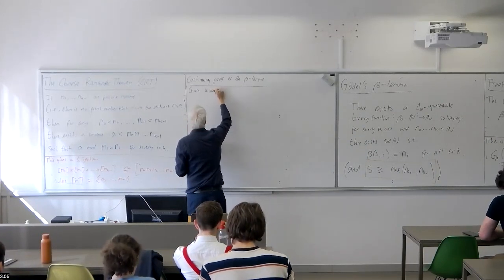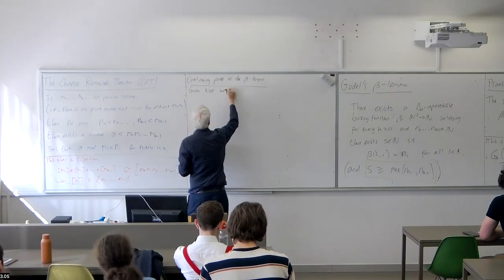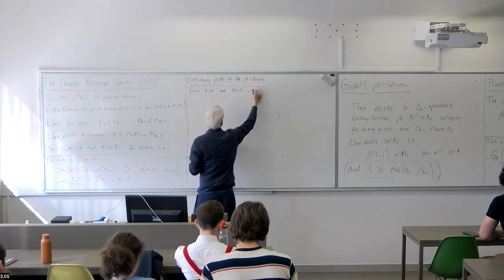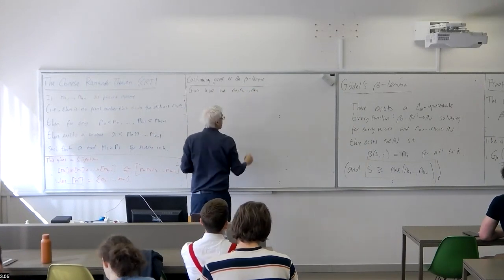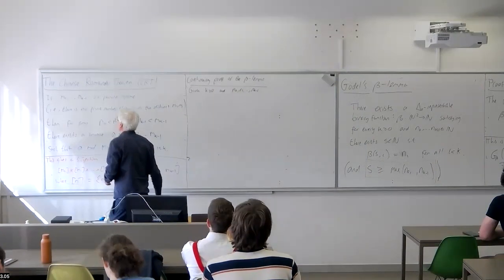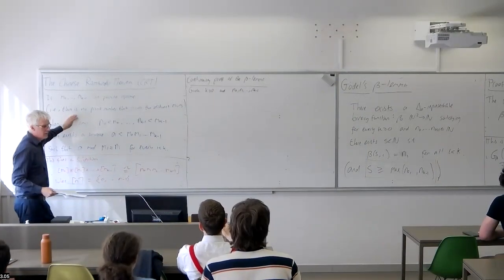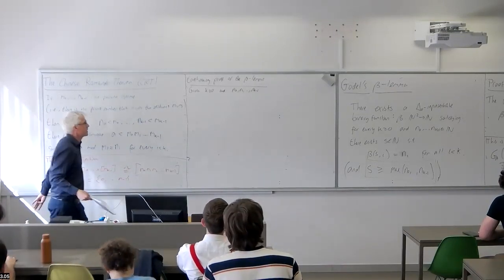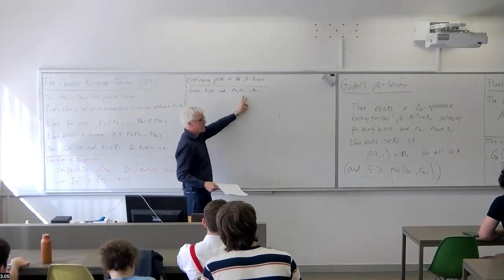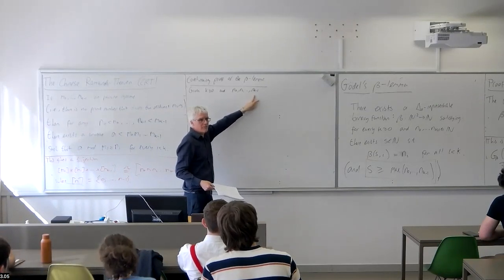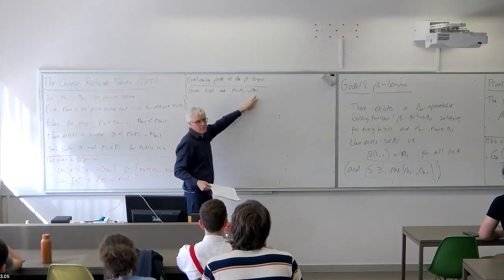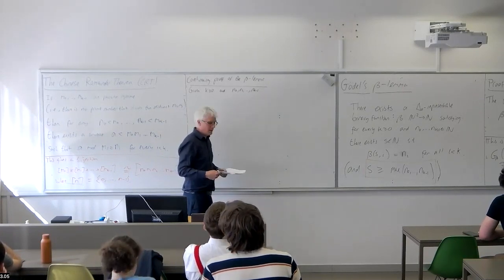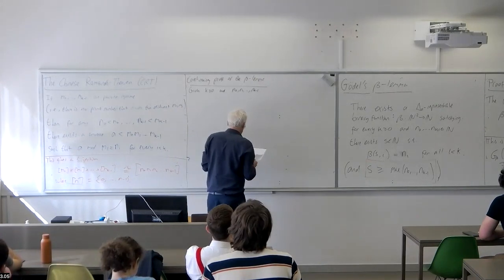The Chinese remainder theorem is encoding sequences, but we can't use it directly because in order to encode the sequence, we need to find a suitable k-tuple of pairwise coprime numbers. That's where we need to do a little bit of work, but it's not very hard.